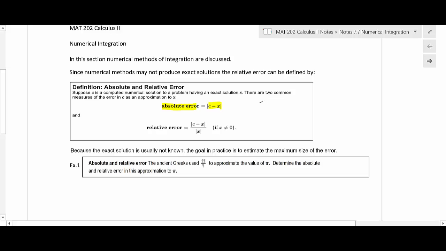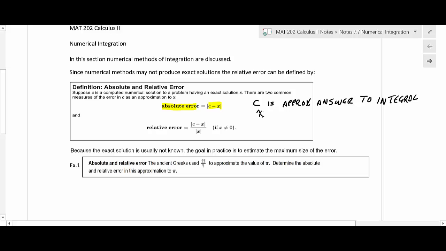Basically, one thing that you might want to write down is C is the approximate answer to the integral, okay? So you're doing an integral, and that's the approximation, using some different techniques we're going to learn.